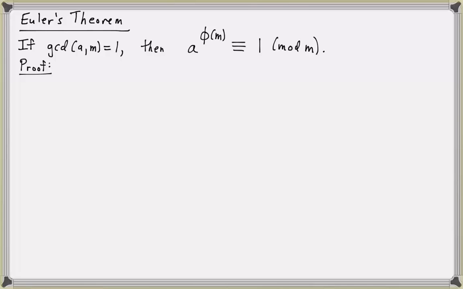Okay, so let's start off with a reduced residue system mod m. We've shown that there are phi of m integers in a reduced residue system mod m. So let R1, R2, up to R sub phi of m be a reduced residue system mod m.